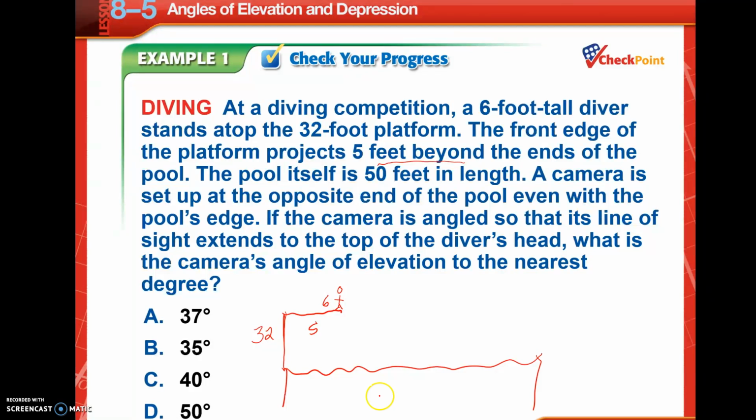And the pool is 50 feet, so this is 5 feet into the pool. So we have this 32 plus 6, so this is a total of 38 feet up.